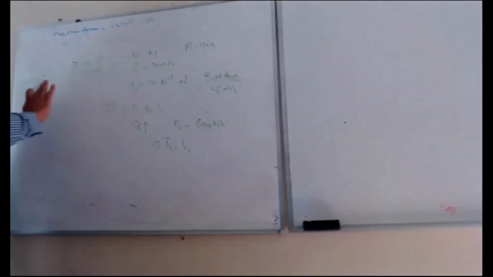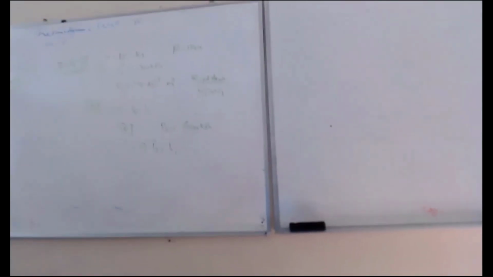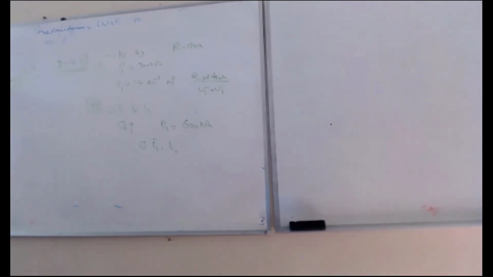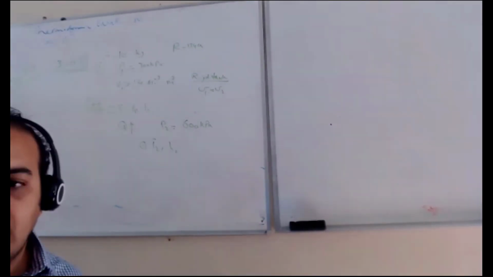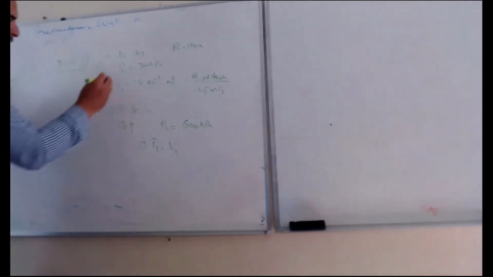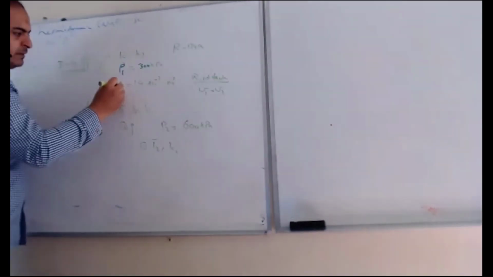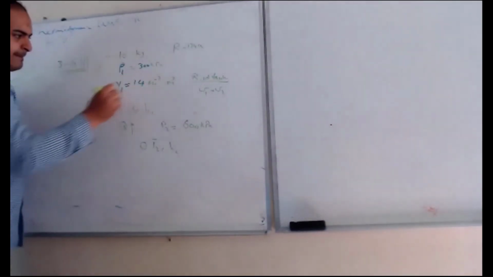For state 1, we have everything. Can you see the board, guys? Can you switch markers? It's a little blurry. Okay. So P1 is 300 kilopascal, V1. Is that one better? Yeah, that's better.